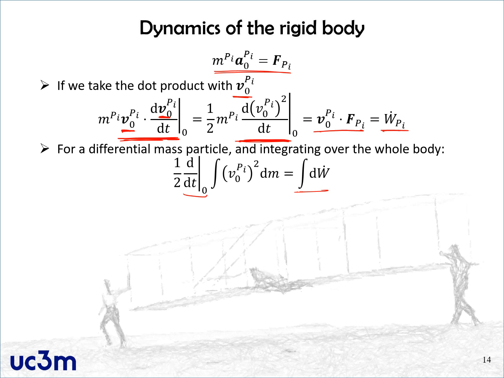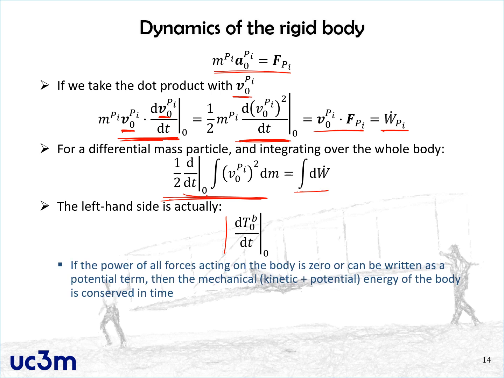And on the right-hand side, we have the power of all the forces acting on the body. So by definition, what we have here is the integral of the kinetic energy, right? So what we see is the derivative of the kinetic energy of the rigid body as seen from reference frame 0, okay?